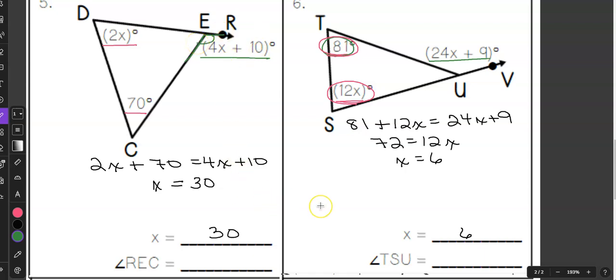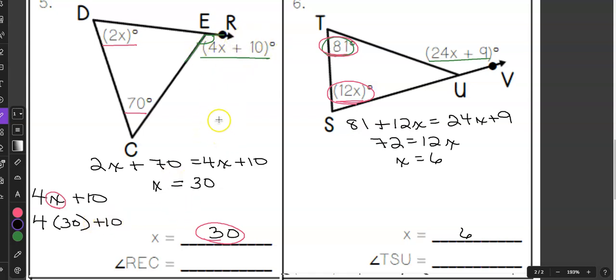They want to know the measurement of REC, so we take our 4x plus 10 and fill in the 30 for the x. So 4 times 30 plus 10 will give us the measurement of this angle.